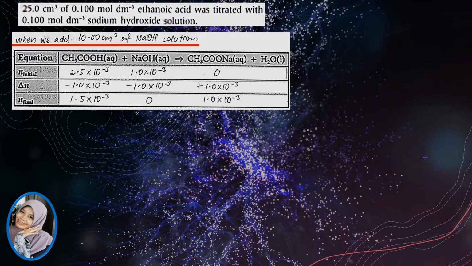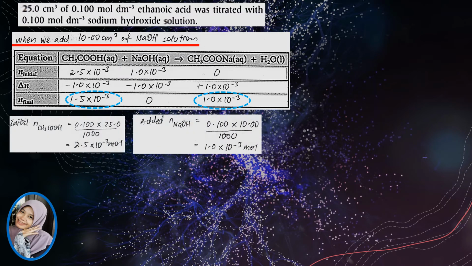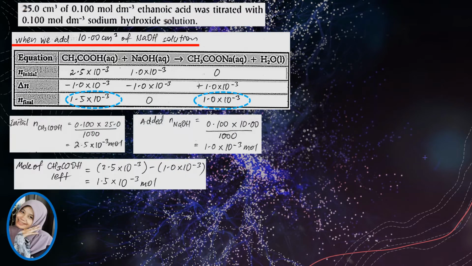Now, let's see when we add 10 cubic centimeter of sodium hydroxide into the 25 cubic centimeter ethanoic acid. As we add sodium hydroxide, the reaction will produce sodium ethanoate salt, meaning that the solution contains both ethanoic acid and ethanoate ion. So it is a buffer solution.